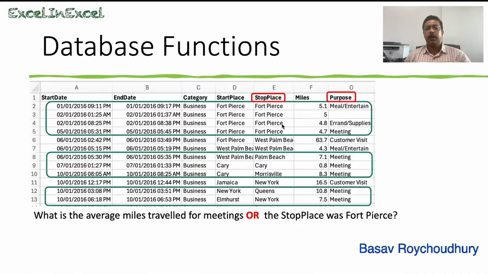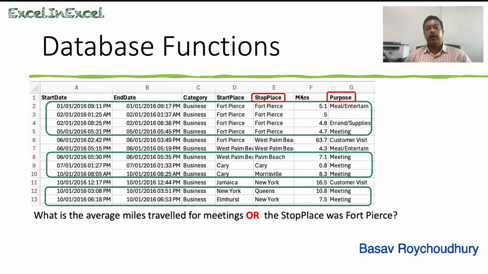So the first three get selected because they satisfy the condition related to the stop place. The fourth record gets selected because it satisfies both the conditions, stop place as well as purpose. Again, these three records here, they satisfy by virtue of the purpose being meeting, and again the last two, they satisfy because the purpose is meeting.